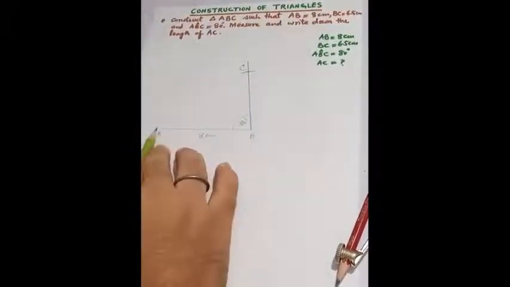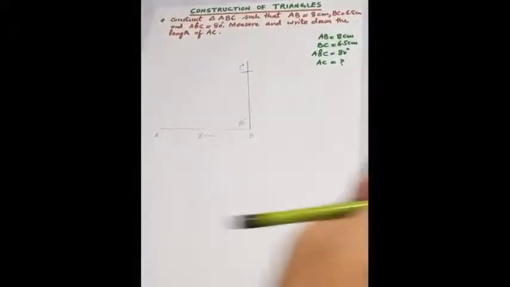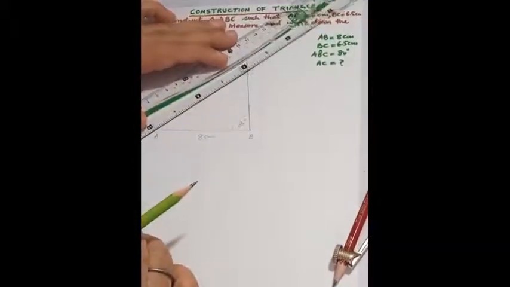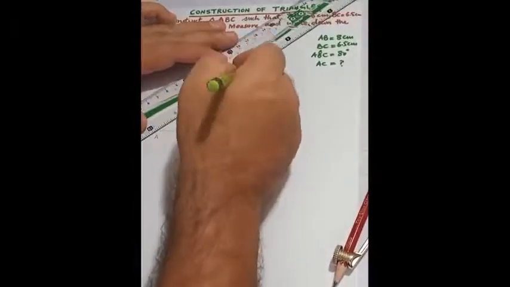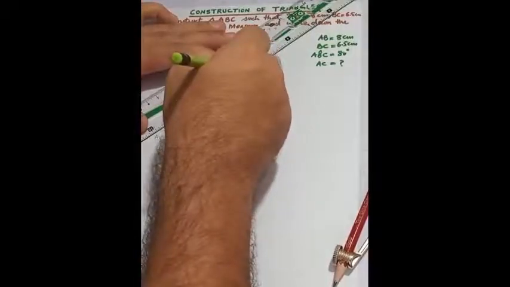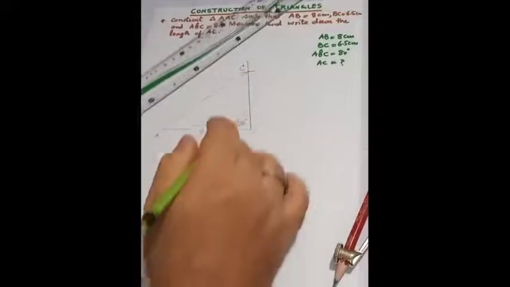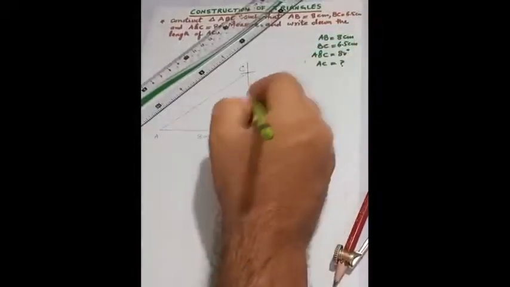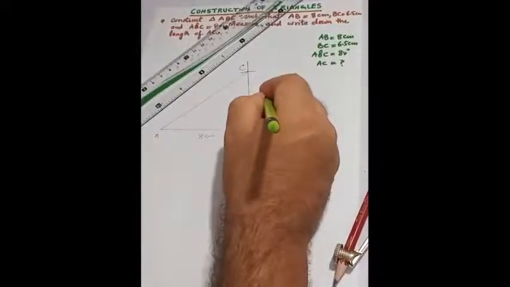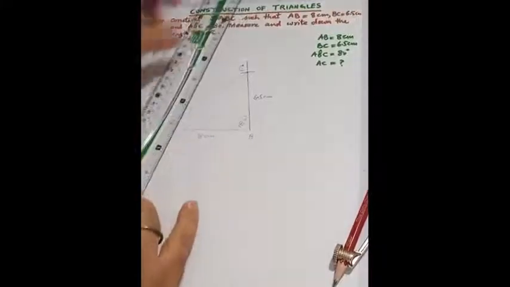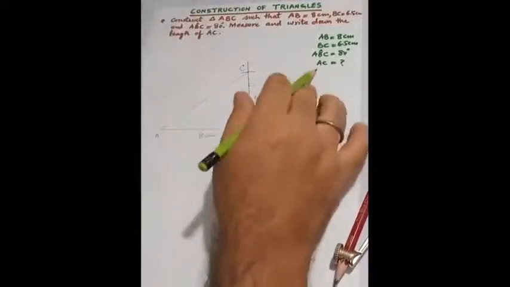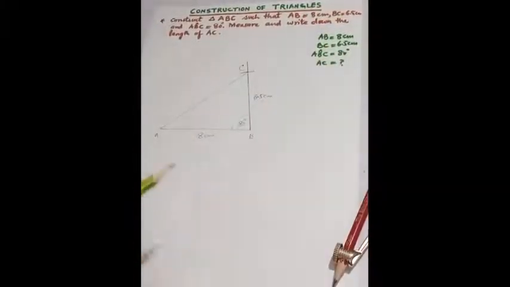Now join point A to C. So the length of BC is given, that is 6.5 centimeter, and we have to find the length of AC.